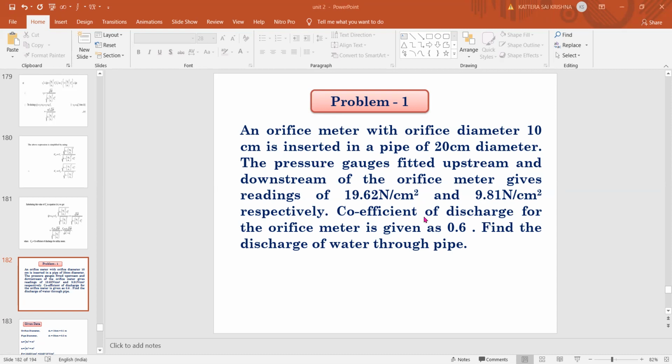The coefficient of discharge for the orifice meter is given, CD is 0.6. Find the discharge of water through the pipe. So we need to find the Q value by using the formula Q is equal to CD A1 A0 under root of 2GH by under root of A1 square minus A0 square. That is our formula which we are going to use.